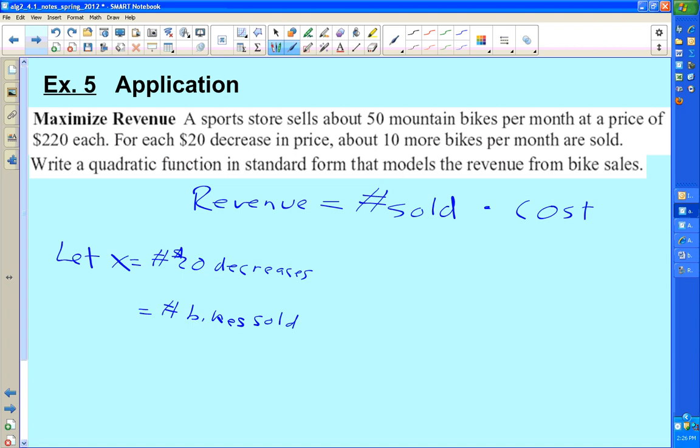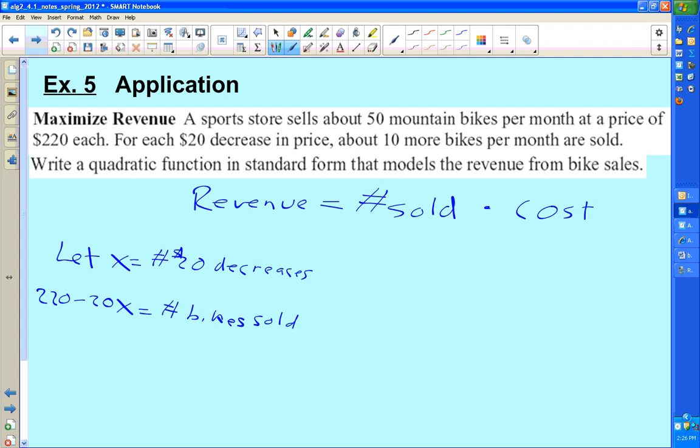If I decrease the price by two $20 decreases, in other words $40, what will the cost of the bike be? $180. How do I find the cost of the bike? From 220, subtract 20, and how many times do I do that? X times. So 220 minus 20X. That will give you your cost.